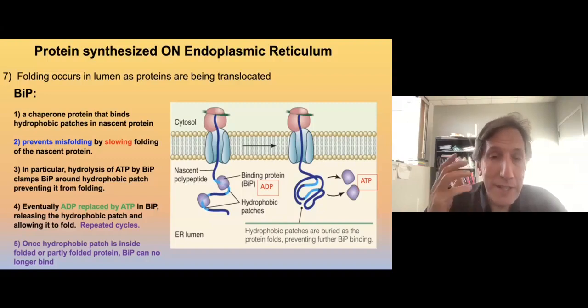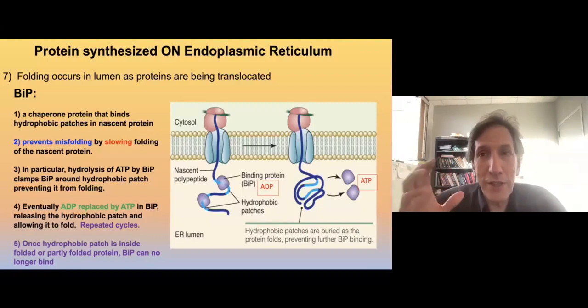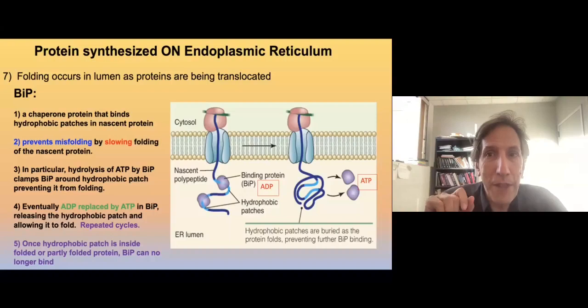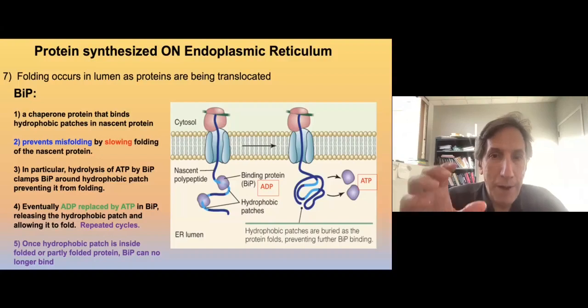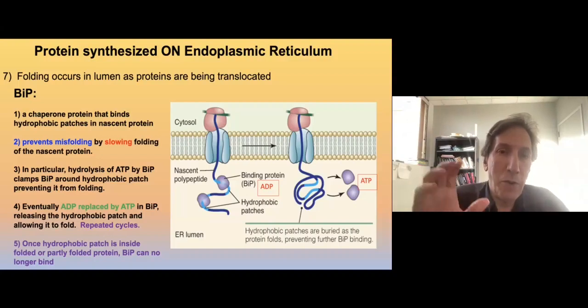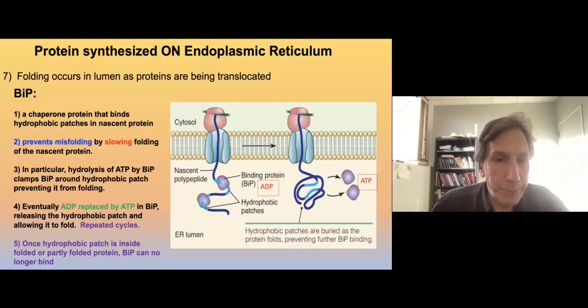So what this does is, for example, allow disulfide bonds and electrostatic interactions to form first. Those are more specific, before the hydrophobic patches form. And the hydrophobic patches then form. If it's a weak hydrophobic interaction, it may come apart and BiP may bind to it, giving it time to move around and be closer to where its real partner should be.